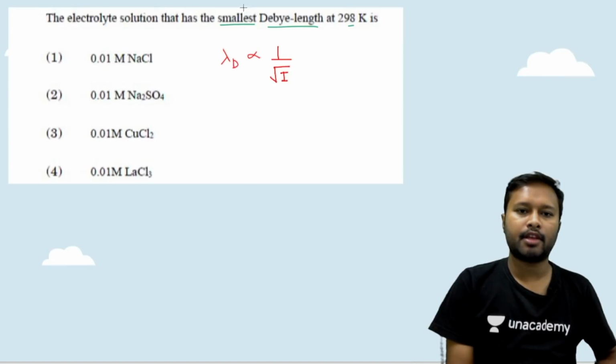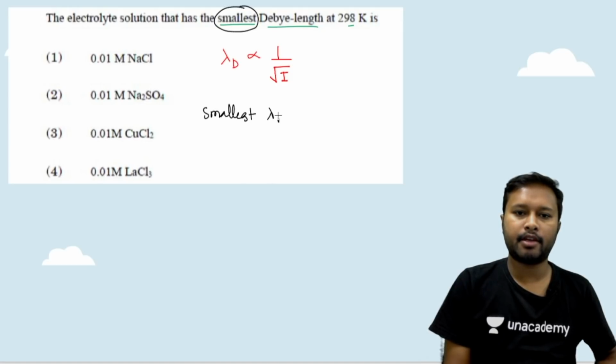In the question they are asking for the smallest Debye length. For the smallest lambda d, what do you need? You need the largest or maximum ionic strength. Now, the ionic strength I is calculated as half summation Ci Zi square.